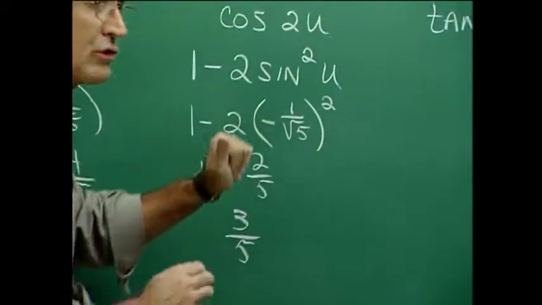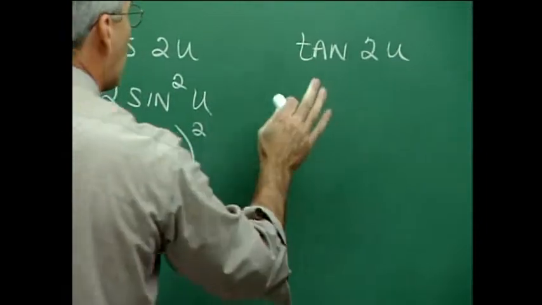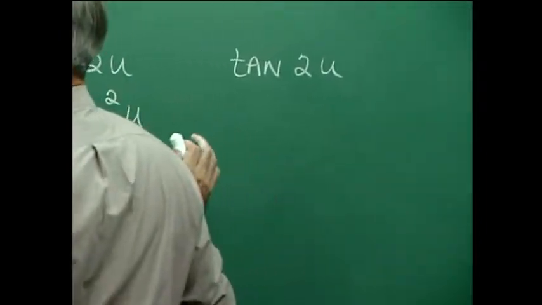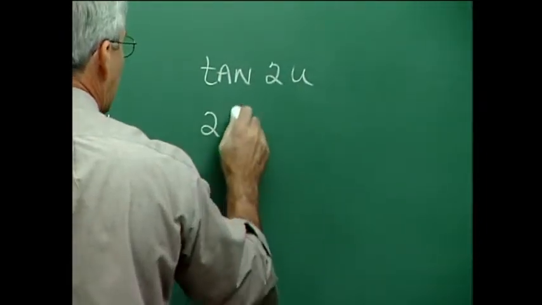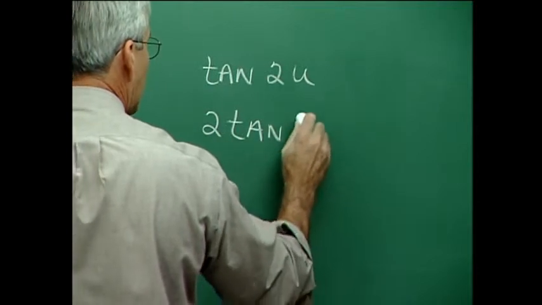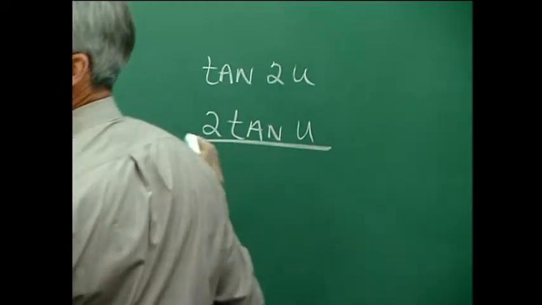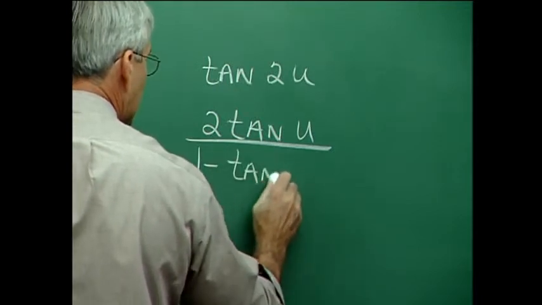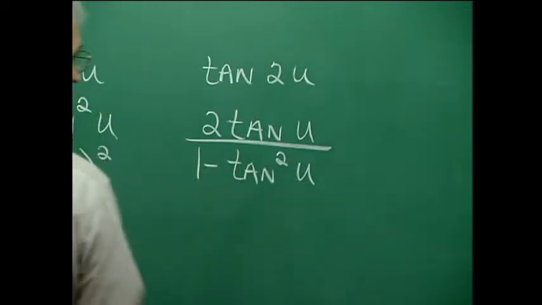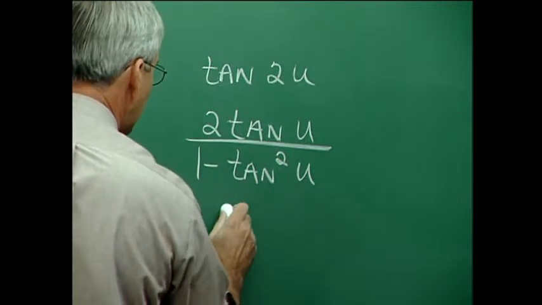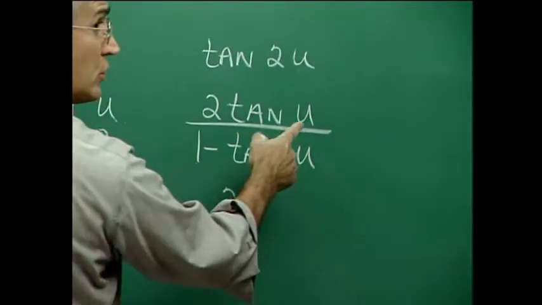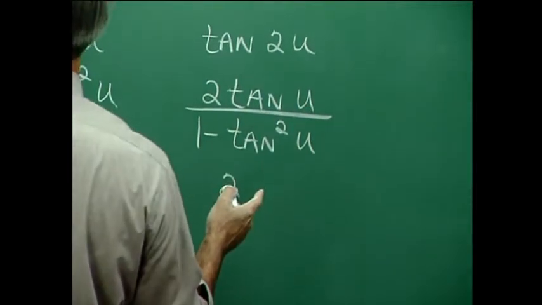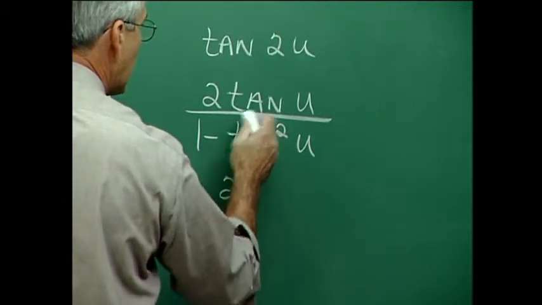Now for tangent 2u, same idea. We just go to the formula. I know it's a fraction: 2 tangent u over the binomial 1 minus tangent squared u. And let's see, 2 tangent u. So 2 times tangent u, which was given at the get-go of the problem. So it was 1/2.